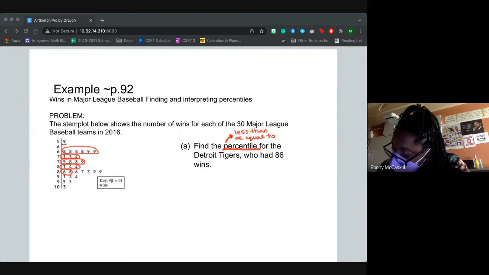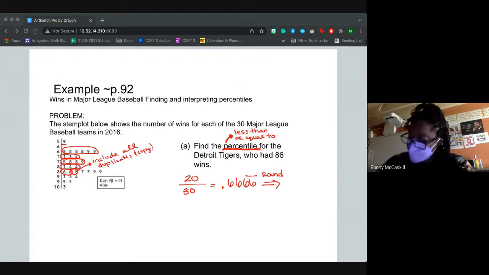Over 30, which was the total. If I put that in my calculator, I'm going to get 0.666. It's going to go on forever. So when you move into your percentile, you want to round it. So sorry, y'all.